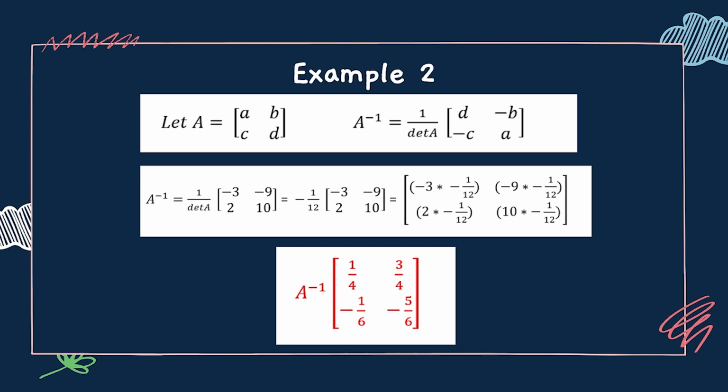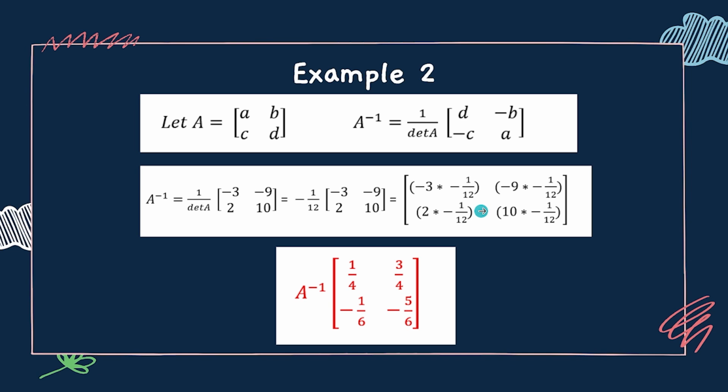Then we use the given formula for getting the inverse using determinants. We swap the places of the elements A and D, and then we negate the signs of B and C. In this case, the matrix becomes negative 3, negative 9, 2... and 10. Using the formula, we multiply 1 over the determinant, which is negative 1 over 12, to all the elements.